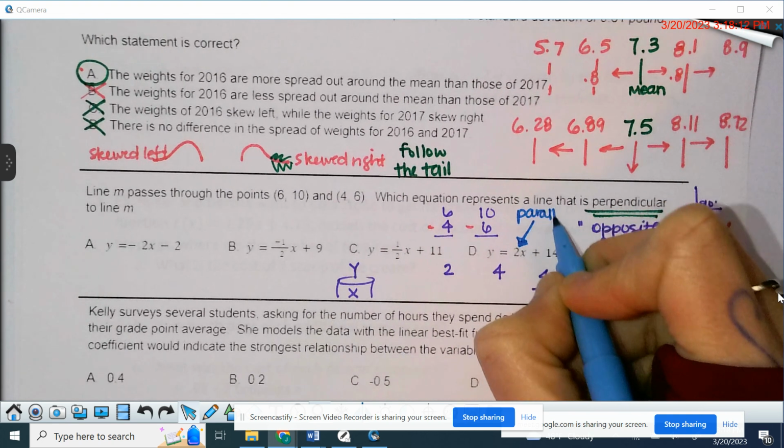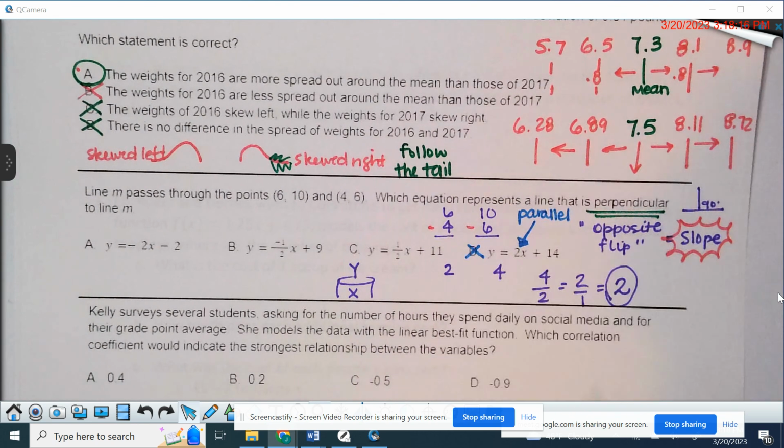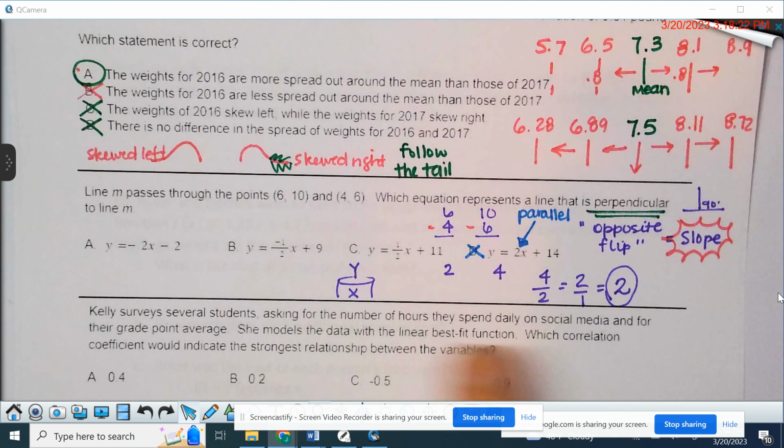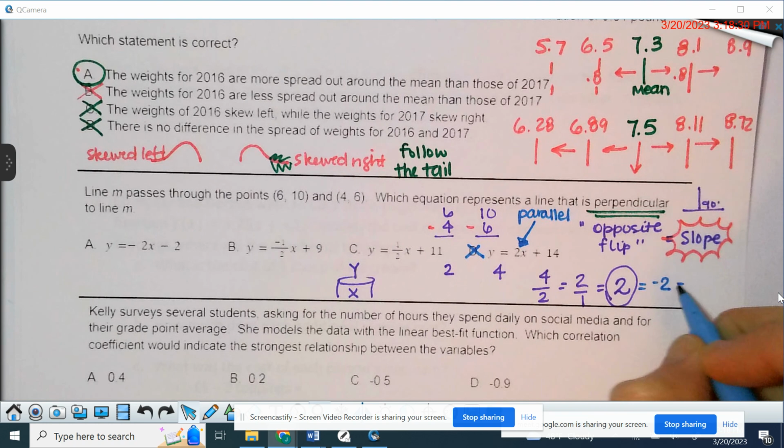Parallel. So same slope would be parallel. So D's out. We can't use D because that line's going to never touch the line that passed through these 2 points. All right. So what's the opposite of a positive 2? Negative 2, right? So we do it step by step. And then we got to flip it, which just means it's going to turn into what?